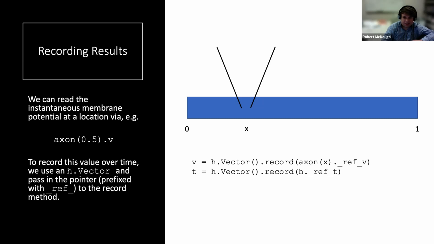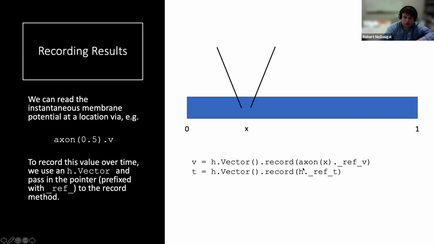But in order to actually see what's going to happen, well, we've seen we can look at shape plots, but maybe I want to just look at what's going to happen at a specific point. If I want to actually record what's happening, I can construct what's known as a vector. It's a vector that's going to record something.